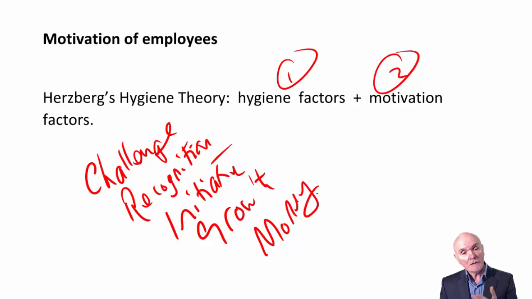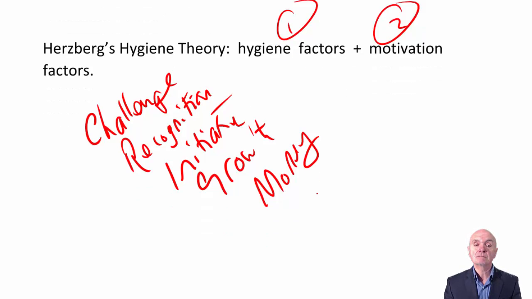But it's important in looking at these motivation factors that there's more to motivation than money. Feeling you're improving, recognition, a feeling of challenge and achieving a difficult target and people saying, oh, well done, and so on. These are the things that really turn many people on in the workplace once you've got the hygiene factors in place.